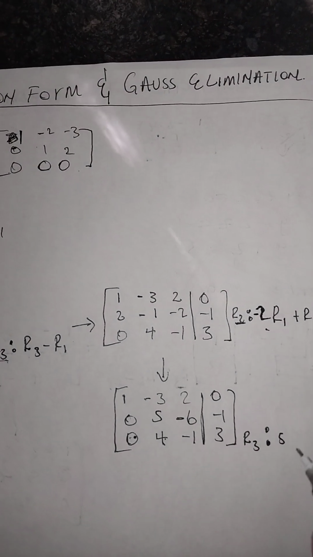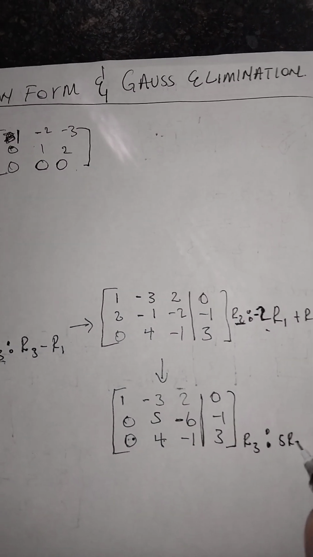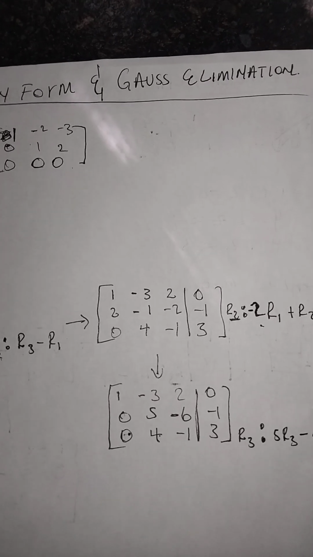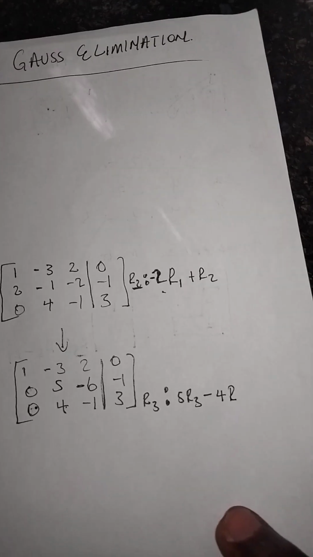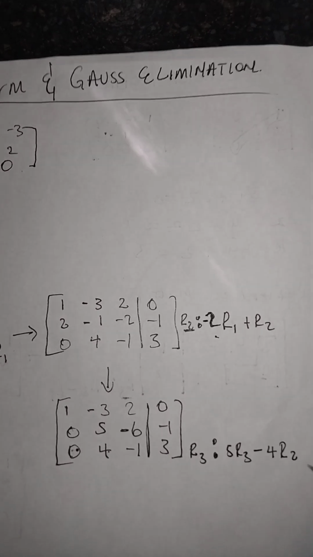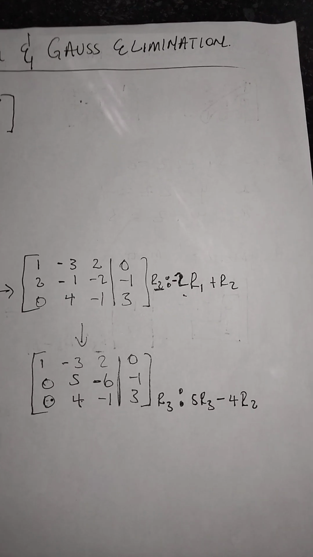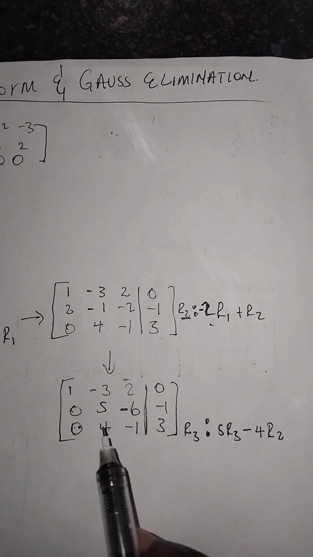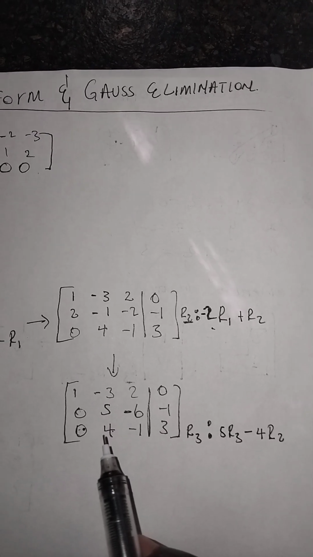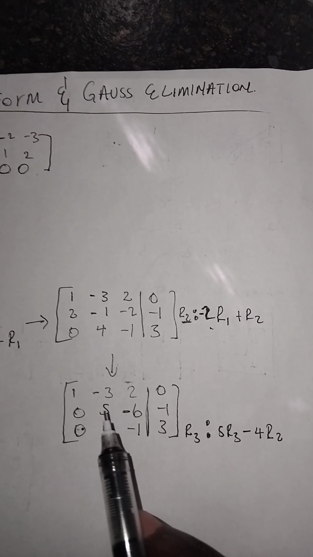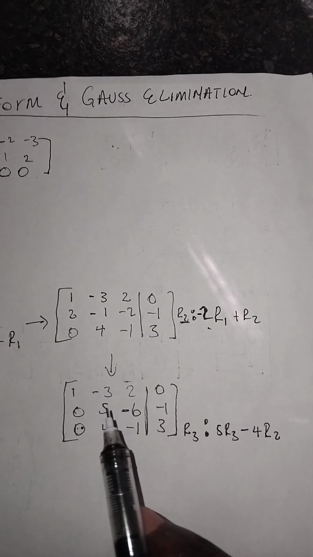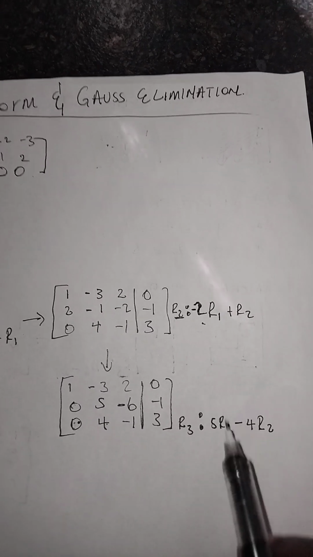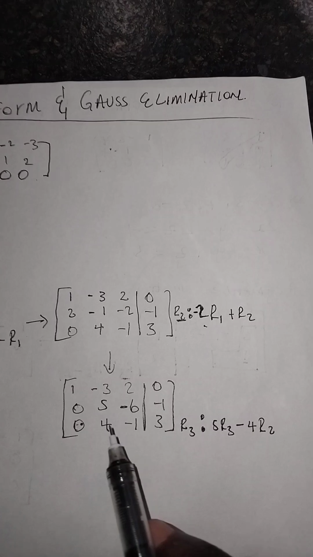So we can multiply row 3 by 5, then subtract 4 times row 2. So 4 times 5 is going to be 20, and 5 times 4 is going to be 20 as well. And there's a negative, so they're going to cancel each other out.